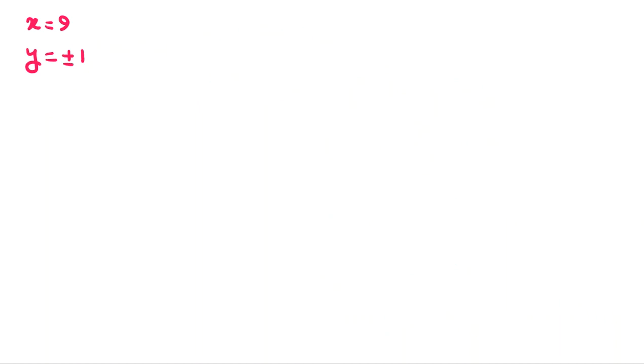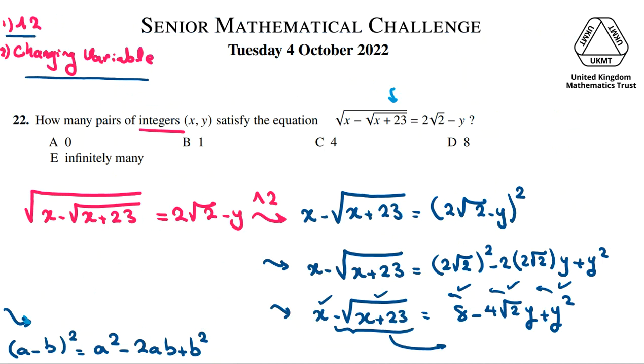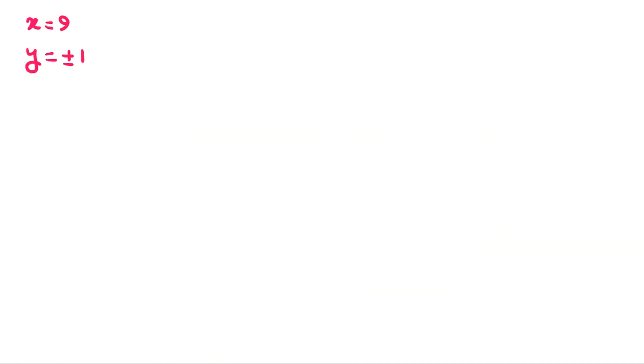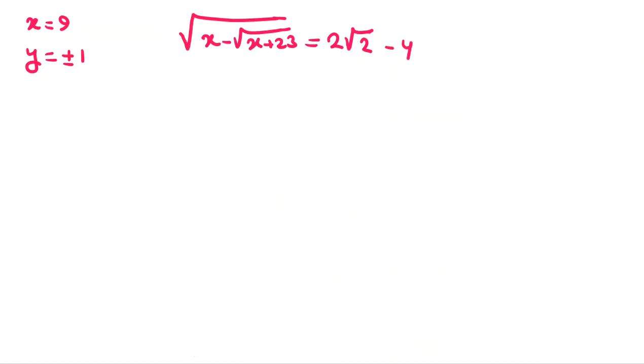So we want to check which of them satisfy. If we consider our first equation, root x minus root x plus 23 equal to 2 root 2 minus y.